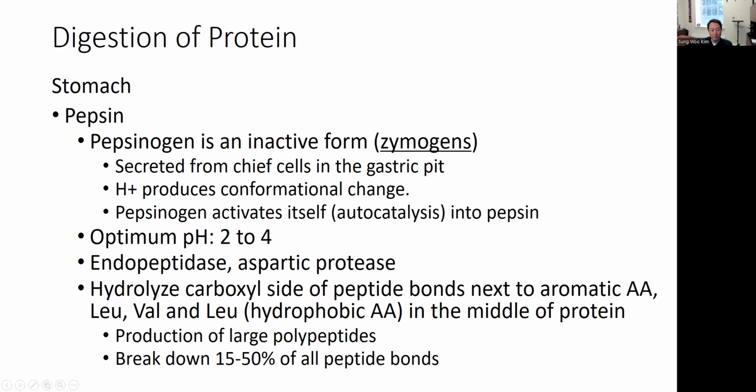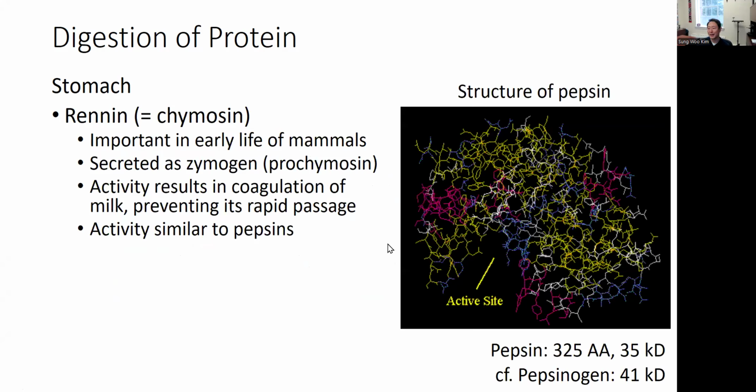Okay, so I should talk just a little more. There's another protease called renin. Renin is a different type of enzyme with a similar role to pepsin, but it is mainly secreted from the young suckling animal.